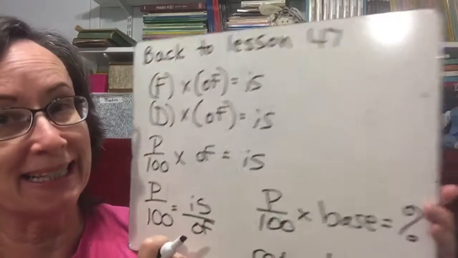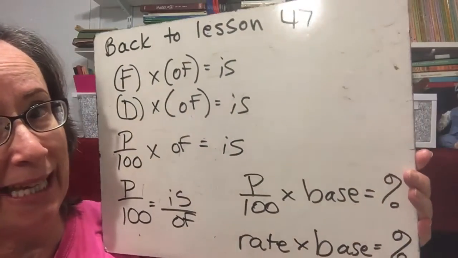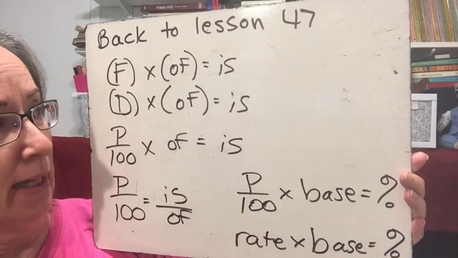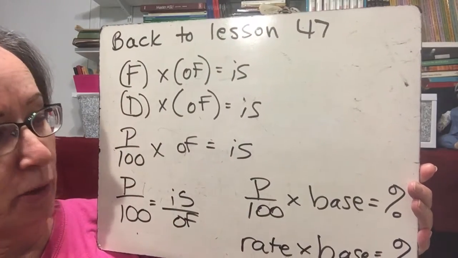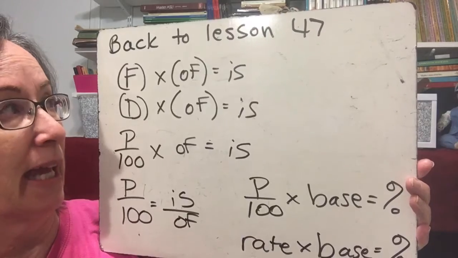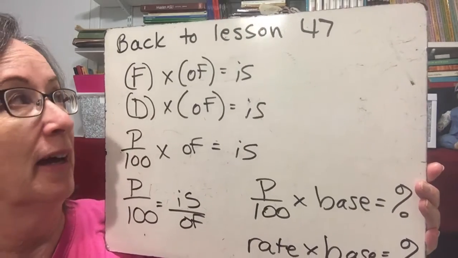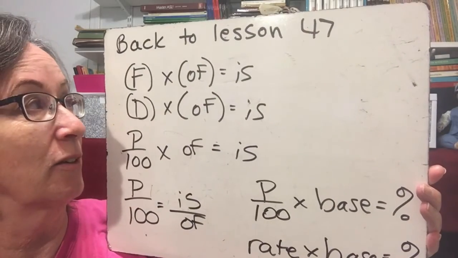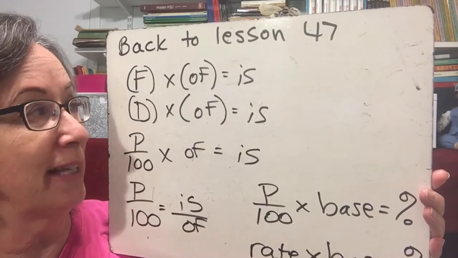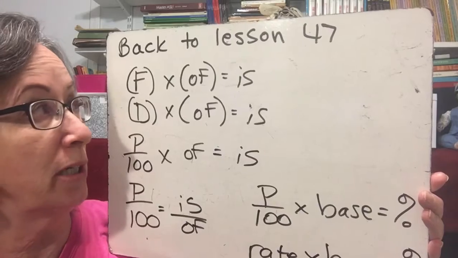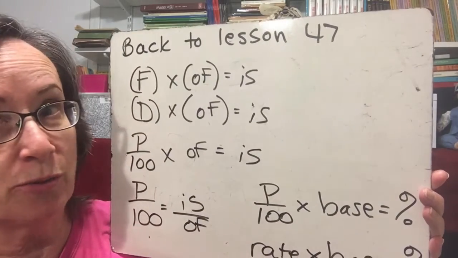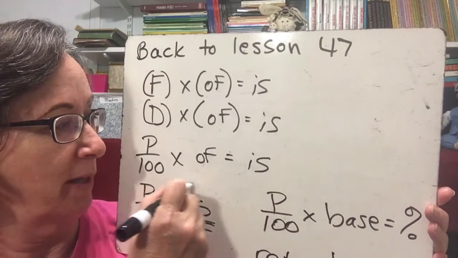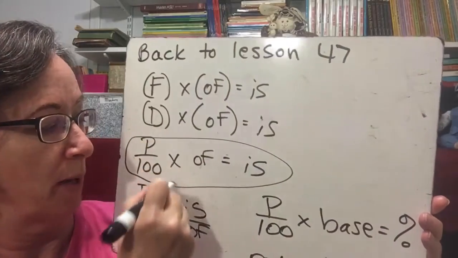When we go back to lesson 47, you can see that your Saxon math book has 6 different equations that they associate with solving percentage problems. I think that we can do it a little bit easier than this just using the proportion, but you can choose any one of these. This is the one that they're choosing to work the problem.